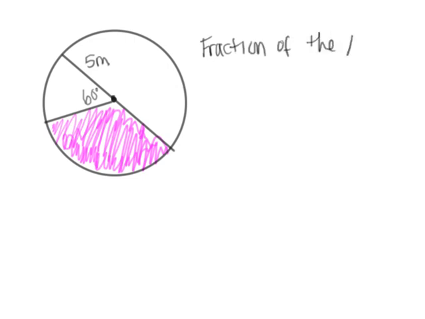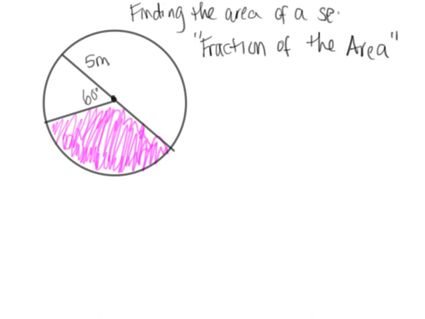So we're finding the area of a sector. And what is a sector? A sector is just a fraction of the entire area. That fraction, just like we just finished, is the measure of the arc over 360, multiplied by the area.